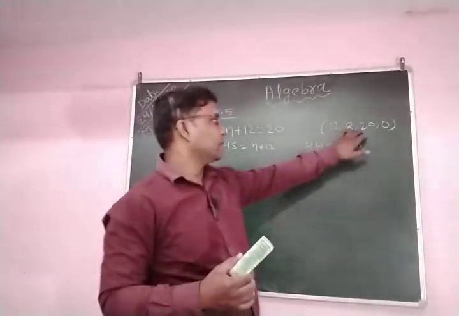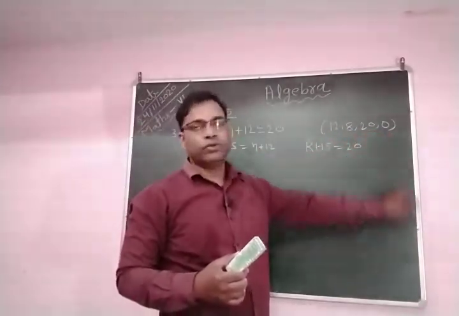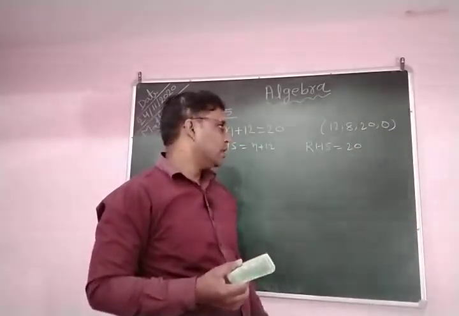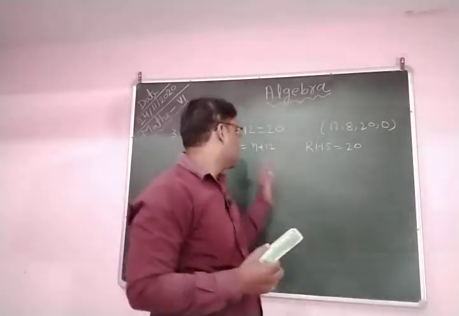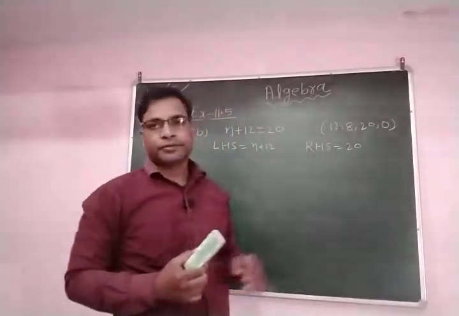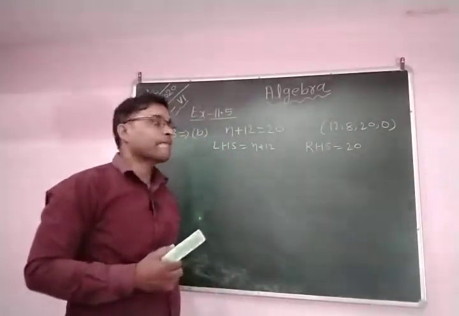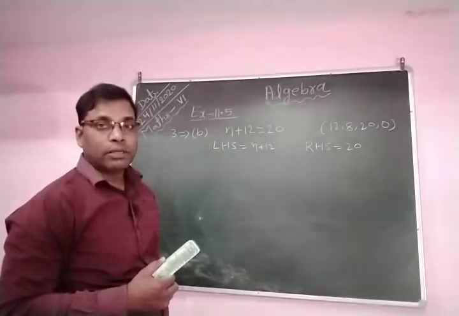This is the value of n, 12, 8, 20, 0. At that value of n, if the left hand side is equal to the right hand side, then we can say that value is the solution of the given equation.